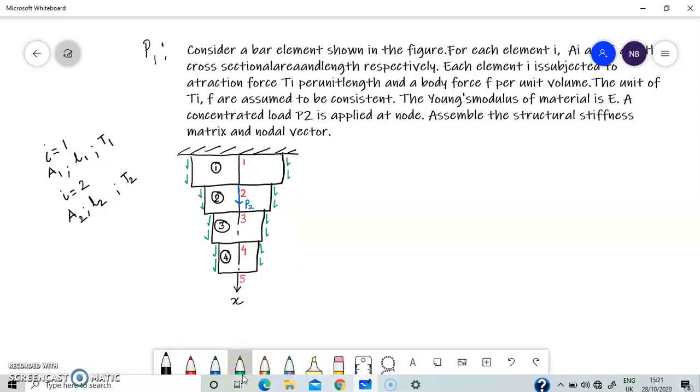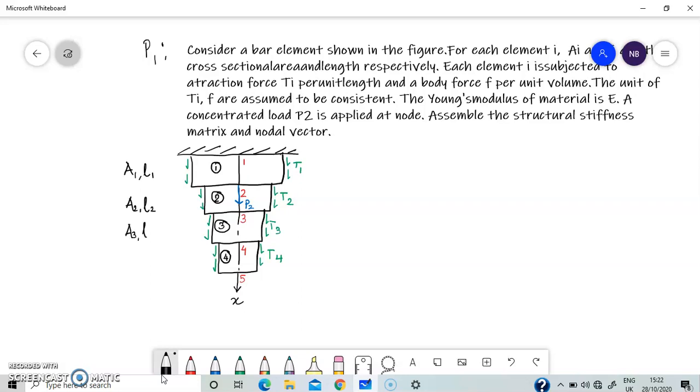So let me write here now. This is T1, this is T2, T3 and T4. For element 1, we have A1, L1, A2, L2, A3, L3 and A4, L4.